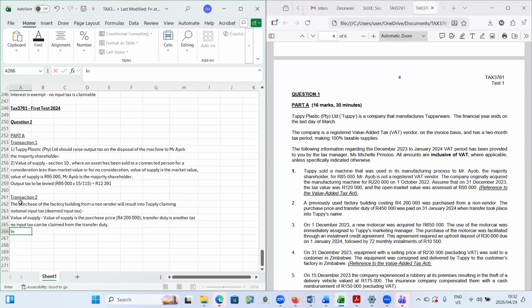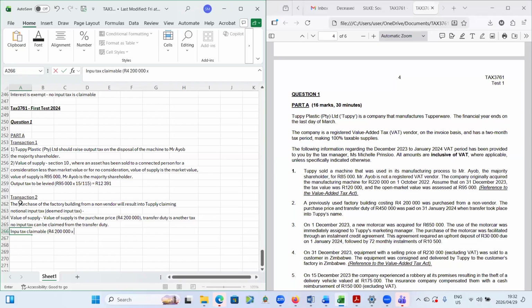Okay, so let's now calculate the input tax that must be claimed. It will be 4.2 million multiplied by, it's from a non-vendor, isn't it? It means the law implies that this amount includes VAT. If you purchase something from a non-vendor, automatically that amount includes VAT, even if the note says the amounts are exclusive of VAT.